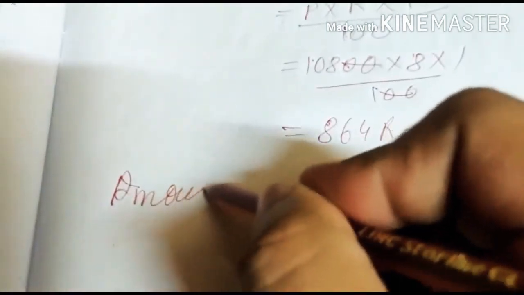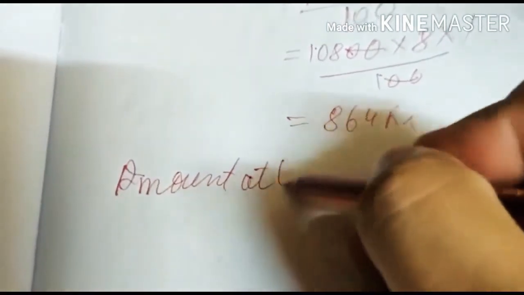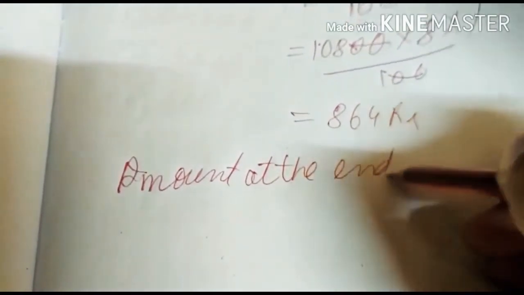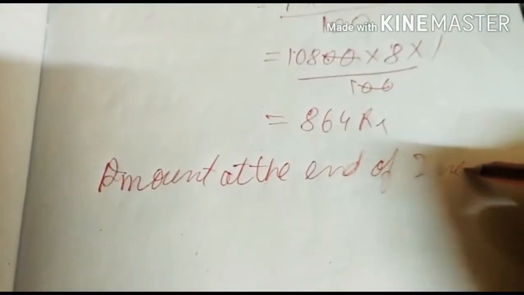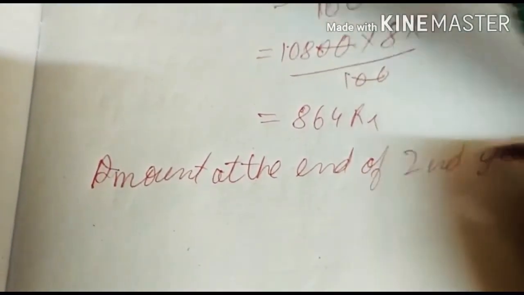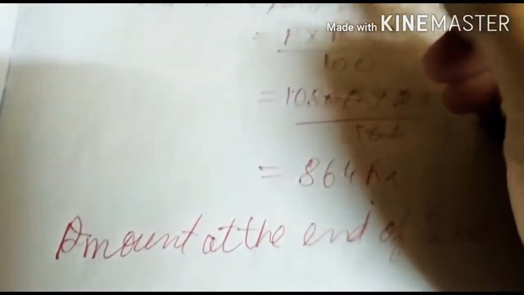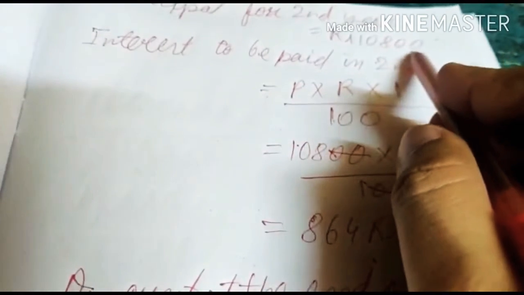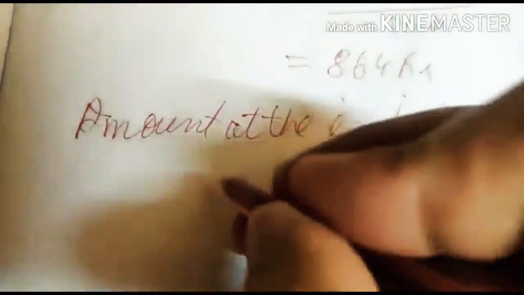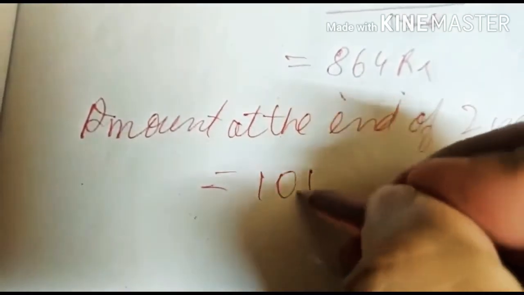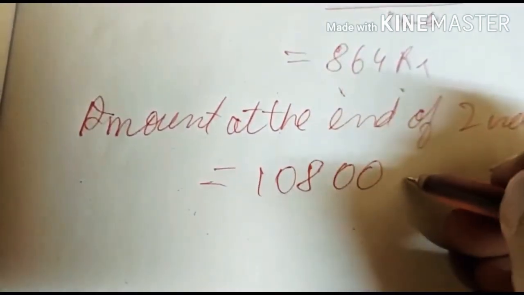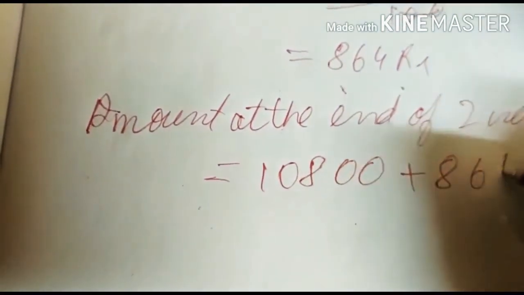So the amount at the end of the second year will be, at the end of the first year we had to pay 10,800, and in the second year the interest calculated was 864. So it's principal plus interest charged on it.